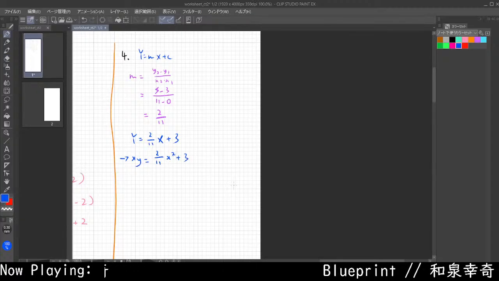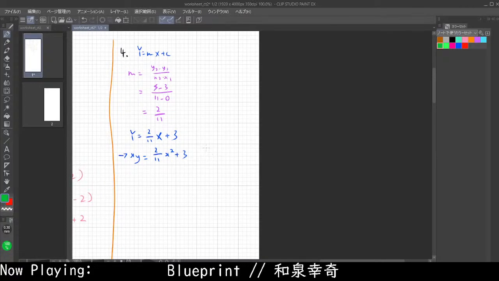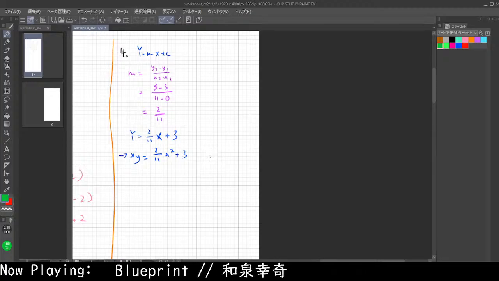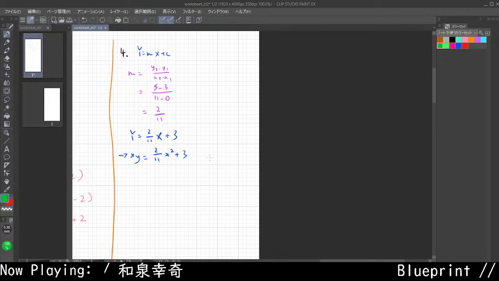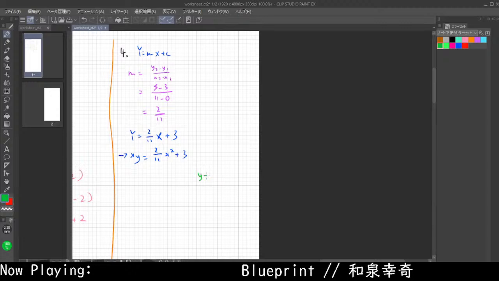Okay, then after this, you just want to rearrange it. The one that you want to compare with is y equals px plus q over x.